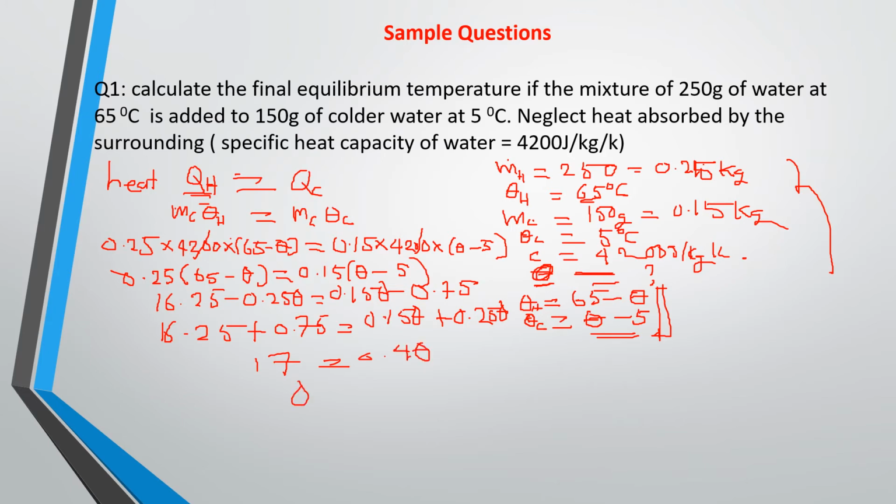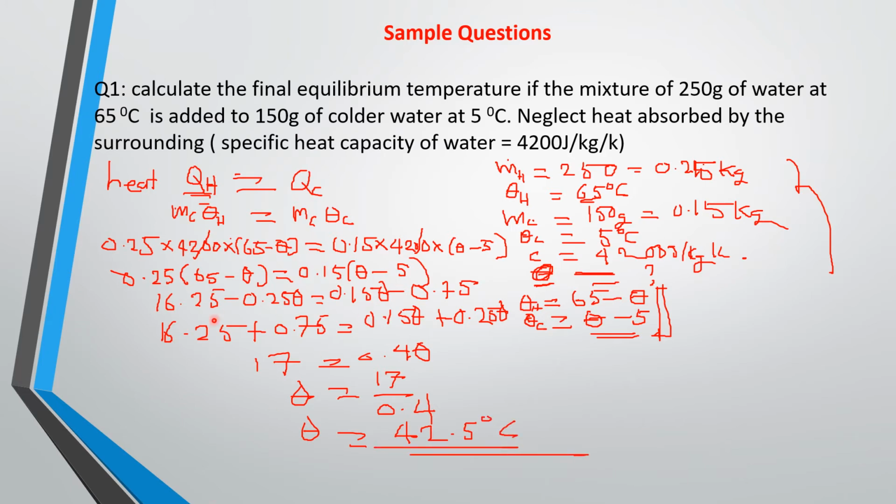So you make theta, the final temperature, the subject of the formula. So you have 17 over 0.4, and by the time you work this out, your final temperature is equal to 42.5 degrees centigrade. So this is your final temperature.